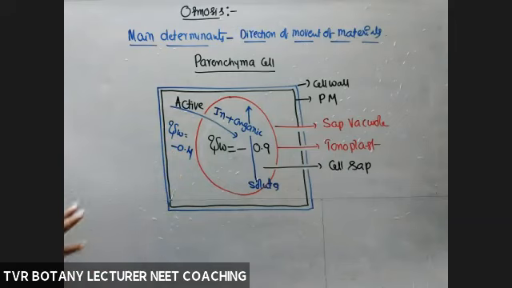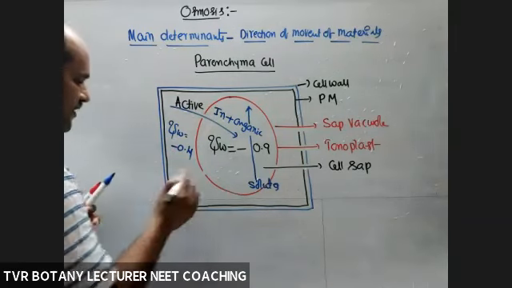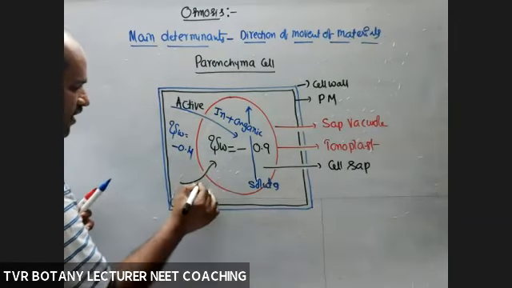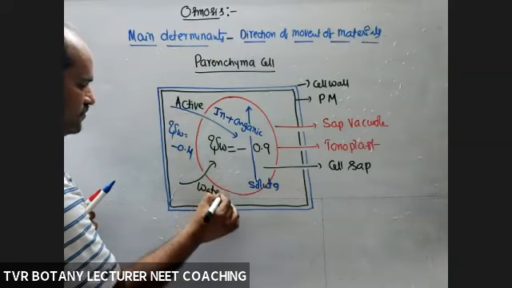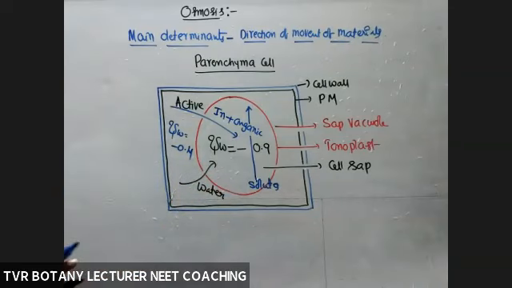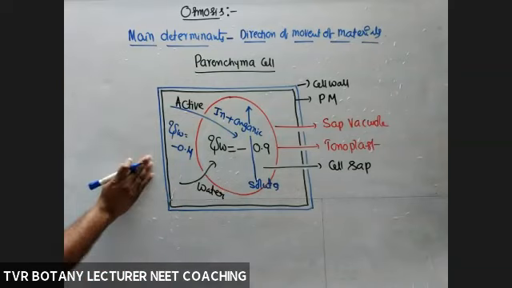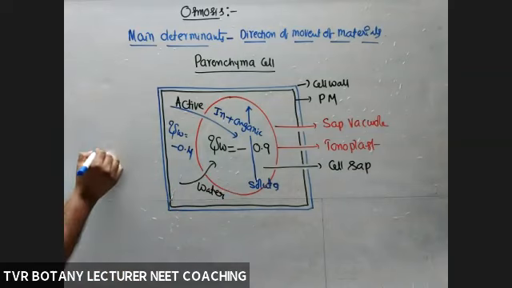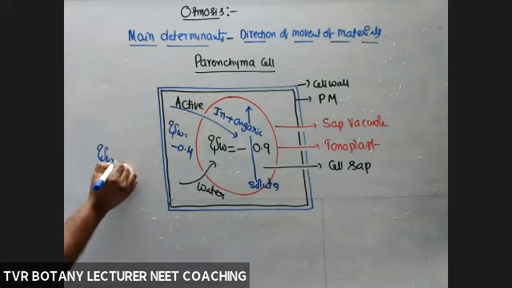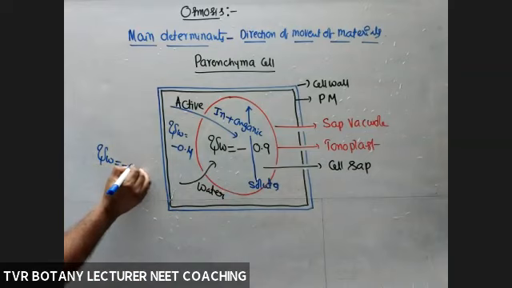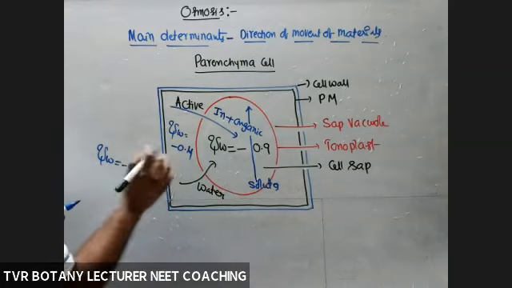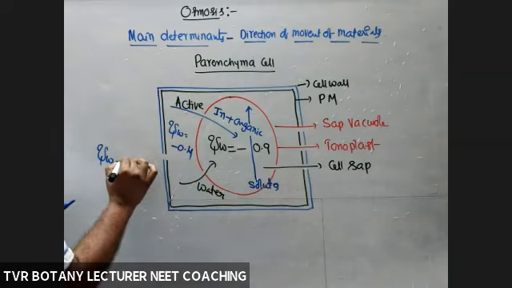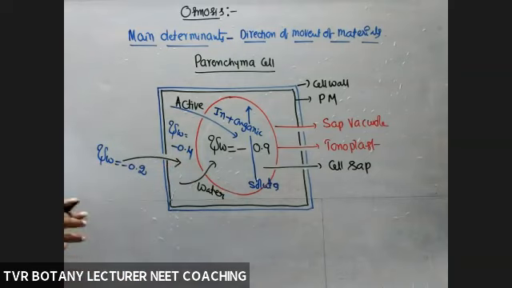Now, what about the direction of movement of water? Water moves from cytoplasm into vacuoloplasm. And the surrounding cell, or soil, you can take also, here psi W value is, for example, minus 0.2. Now, what about the movement of water from this cell to the cytoplasm of this cell or not?